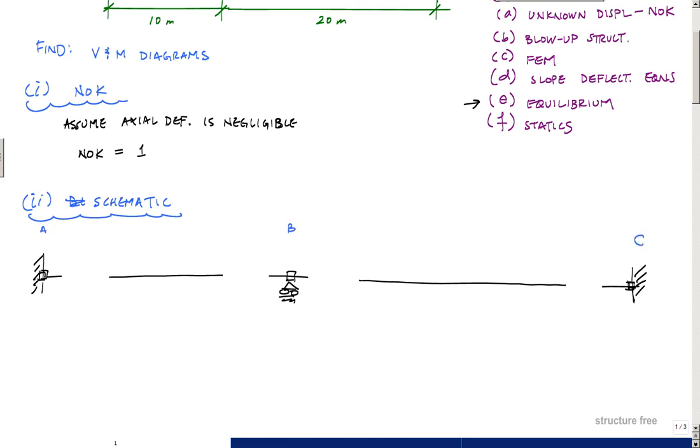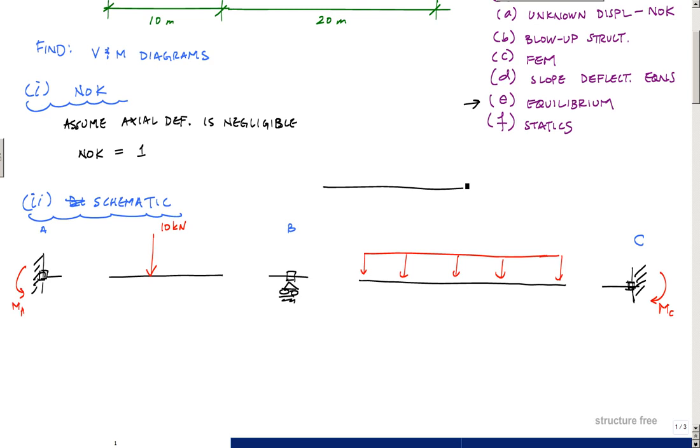Just in general, for my reactions, I'm going to write a reaction at A over here and a reaction at C over here, and I can draw those in any direction. Now, I have the loading of 10 kilonewtons here, and a distributed load like this here. What I want to do is draw the internal moments in each of those.